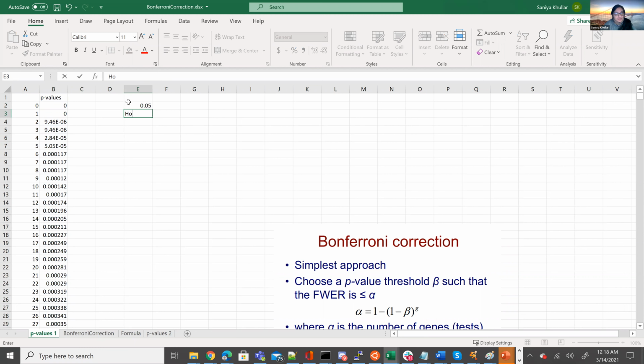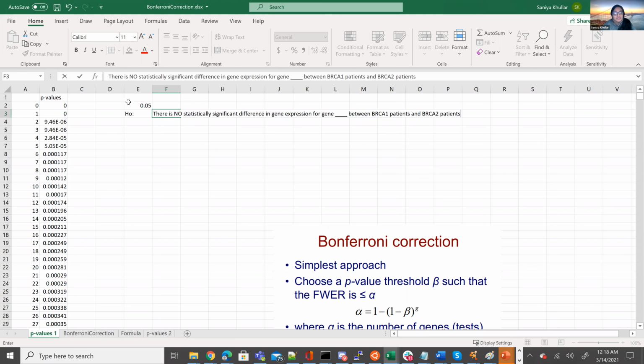The null hypothesis is saying that there is no statistically significant difference in gene expression for a given gene between BRCA1 patients and BRCA2 patients. So that's the null hypothesis.